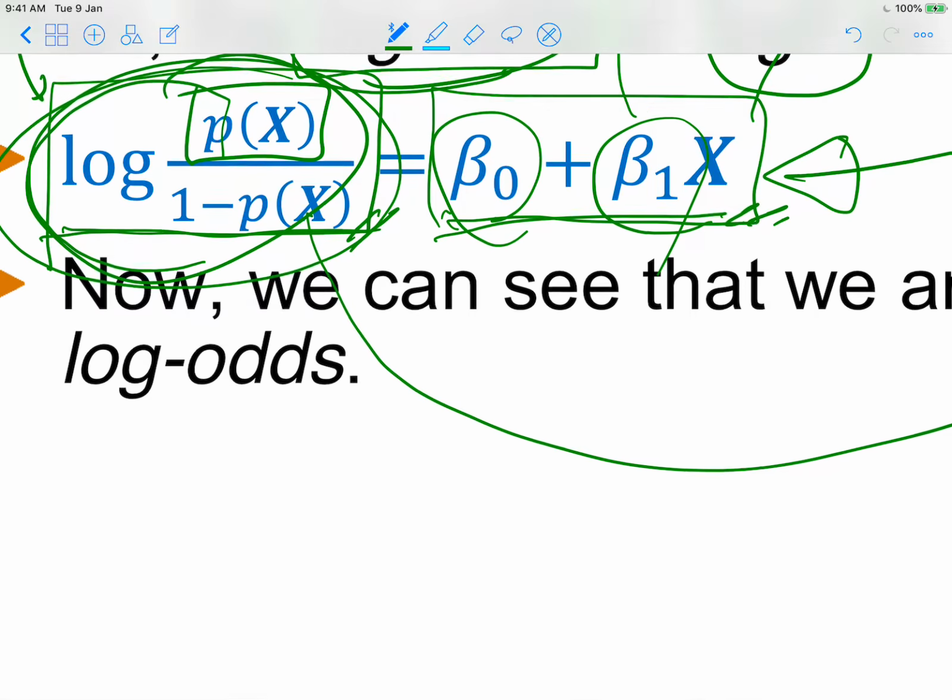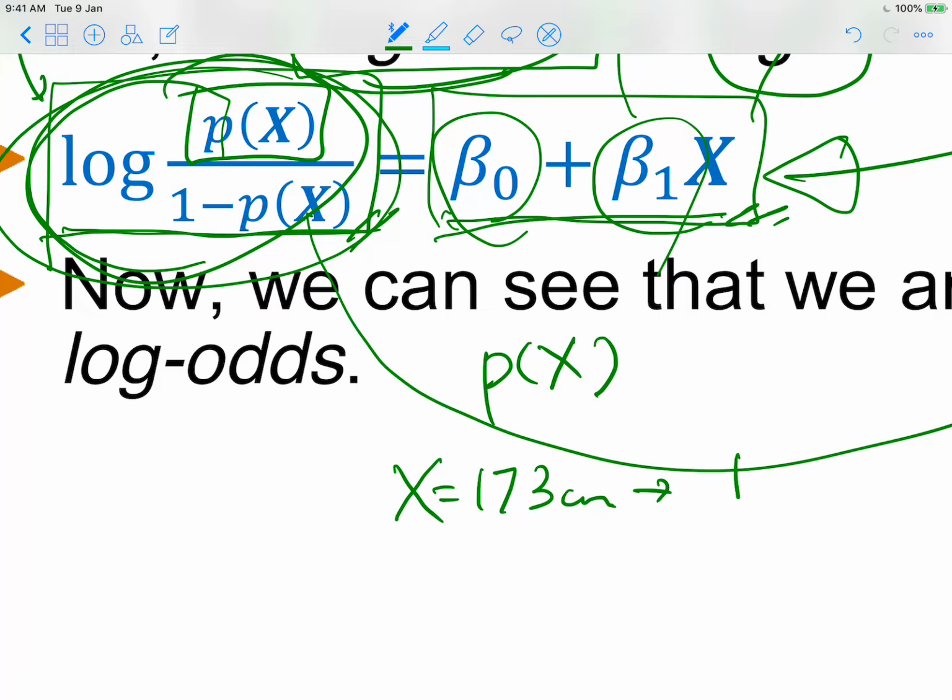But in this case, we don't know P of X. In other words, suppose X is 173 centimeters, what is the probability of this guy being male given X is equal to 173? We don't know the specific probability.